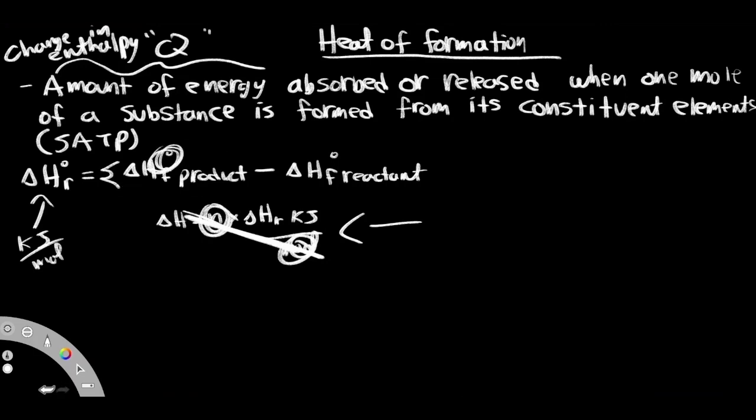Standard molar enthalpy of formation is per mole, just by the name of it: molar, for mole. So we have to multiply by the amount of moles in question, depending on the thermochemical equation that is given to us, and then we can eventually get our value in just kilojoules. Let me do a few questions, and it should start making a lot more sense.